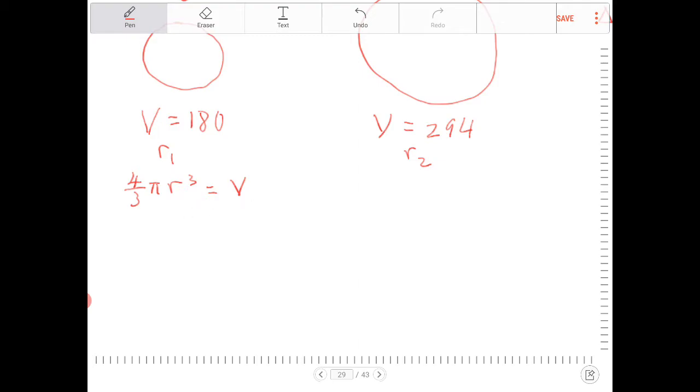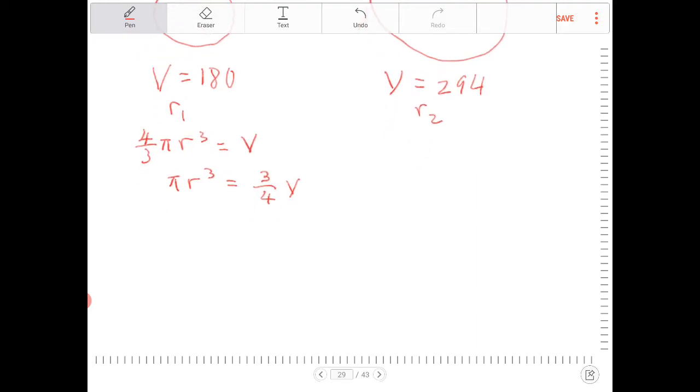I'm going to multiply both sides by 3/4, and if I do that, I will end up with pi r cubed is equal to 3/4 V. I multiply both sides by the reciprocal of 4/3 to cancel out the 4/3 on the left.